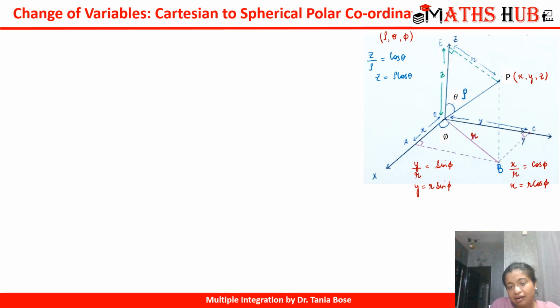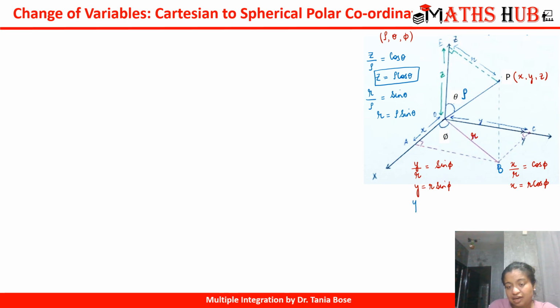And similarly, r upon rho is equal to sine theta. So from here, r will be equal to rho sine theta, right? So we get the value of z as rho cos theta and we get the value of r as rho sine theta. So now let us substitute this value of r here.